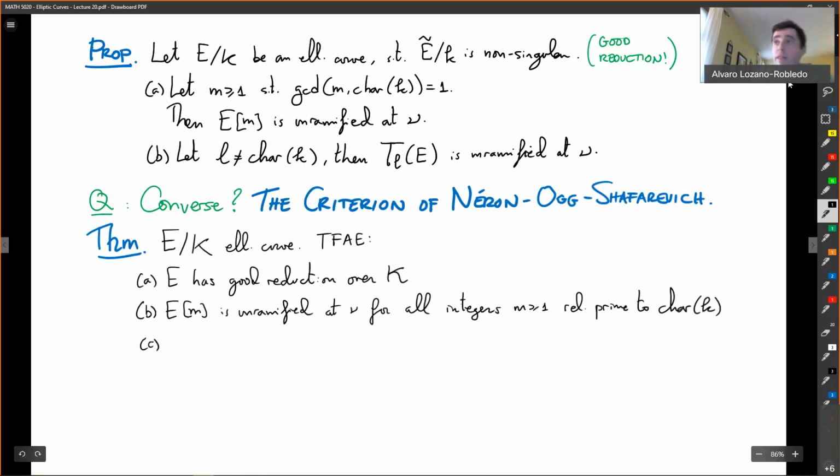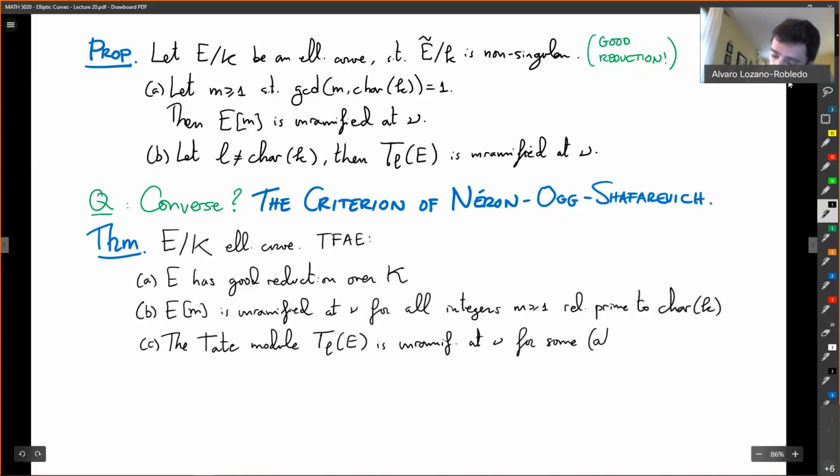(c) The elliptic Tate module T_l(E) is unramified at nu for some, or all, primes l relatively prime to p, the characteristic of the residue field.